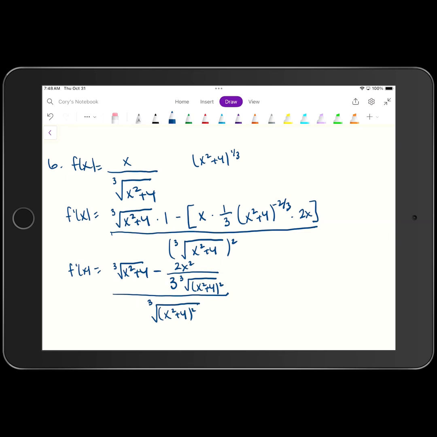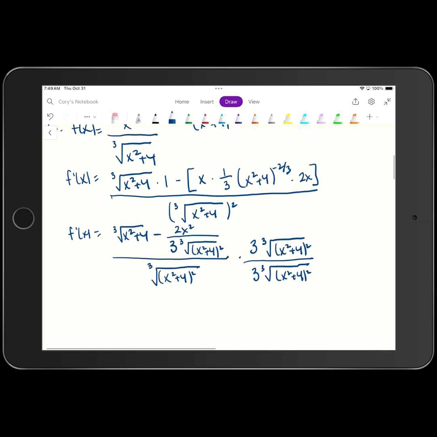We want to multiply the numerator and denominator by the common denominator of the smaller fraction, which is going to be 3 times the cube root of x squared plus 4 quantity squared. So we're going to multiply the top and bottom by that, 3 times the cube root of x squared plus 4 quantity squared.